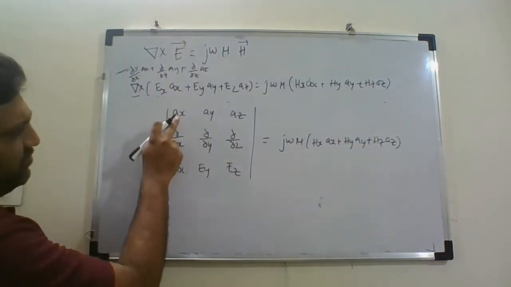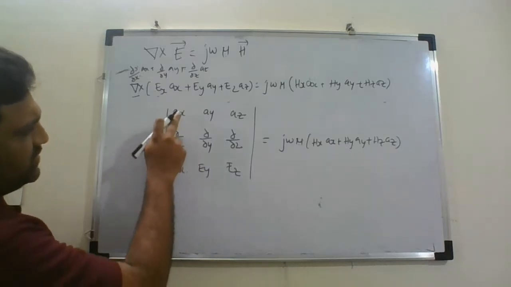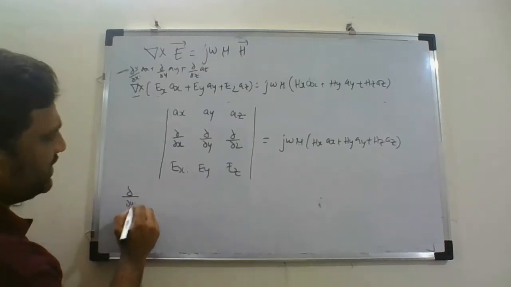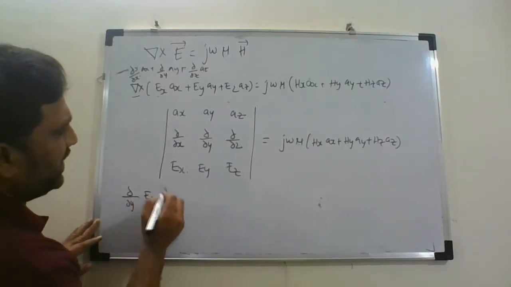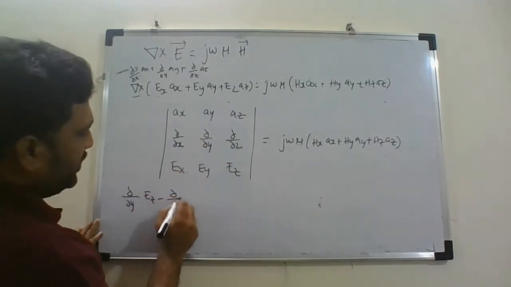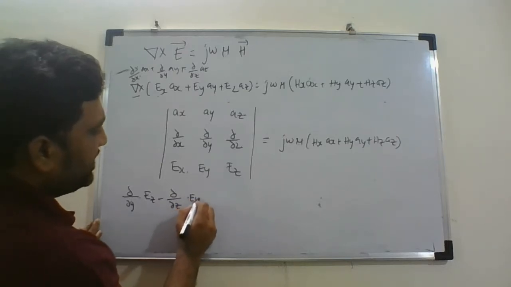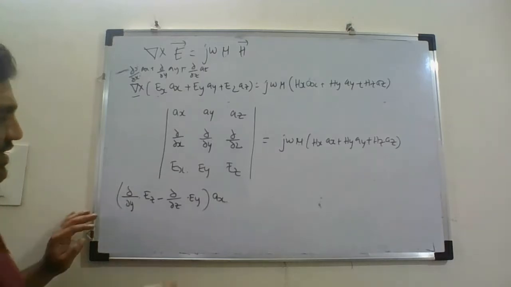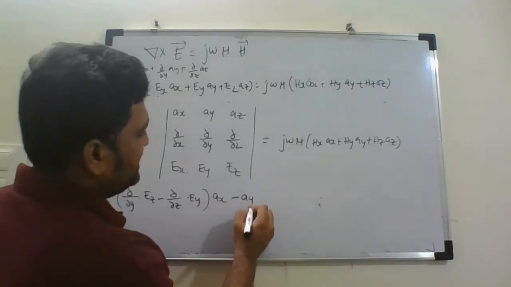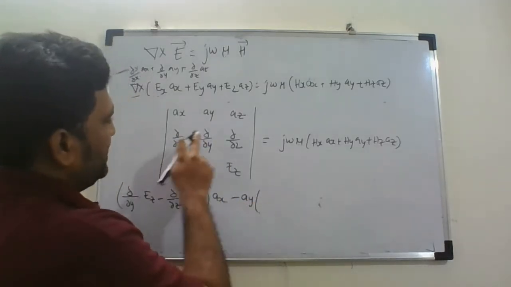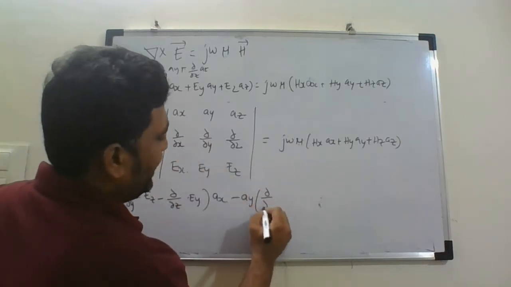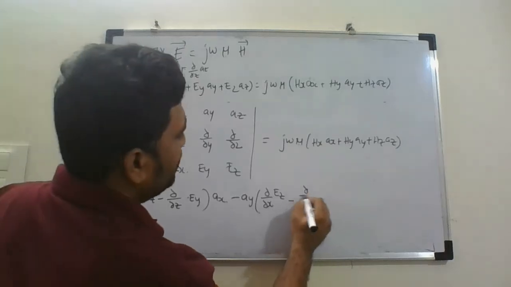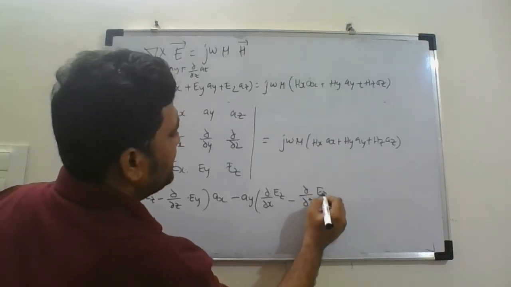So the first term will be dou by dou y of Ez minus dou by dou z of Ey into ax. That is the first term. The next term I will get as minus ay into dou by dou x of Ez minus dou by dou z of Ex.